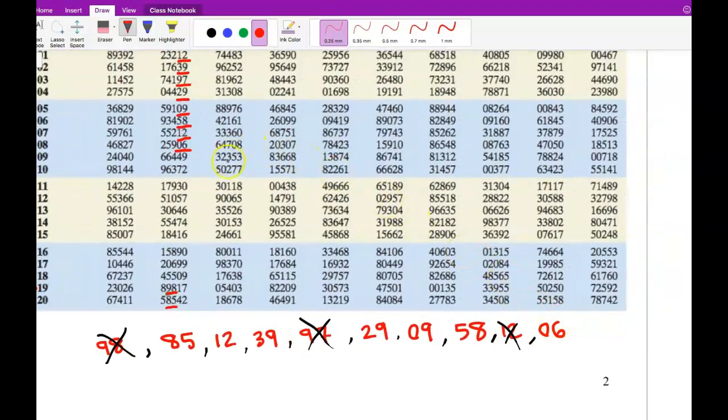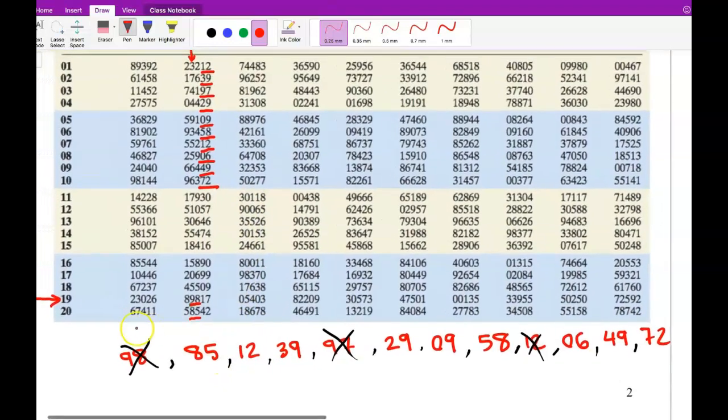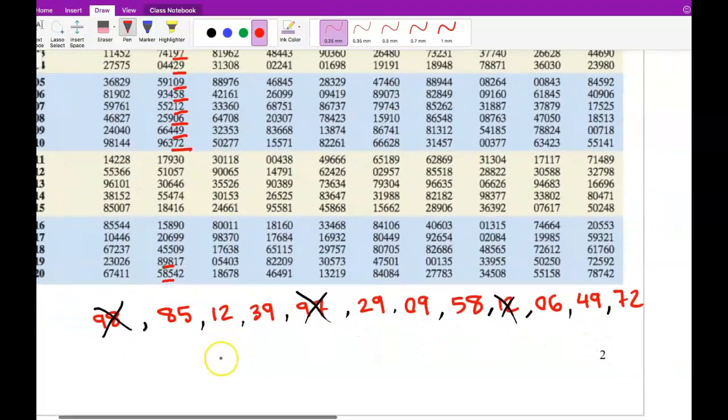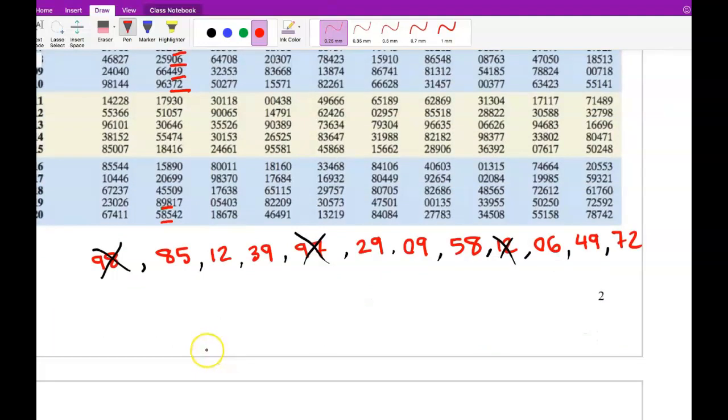I need 2 more. 49. One more, 72. And that's it. This is our sample using this table, starting from row 19, column 7. Adding what rule was here: we had 2 digits.